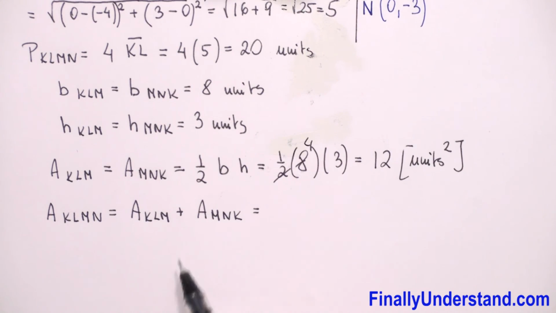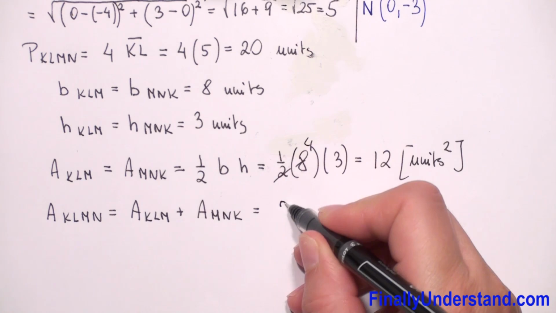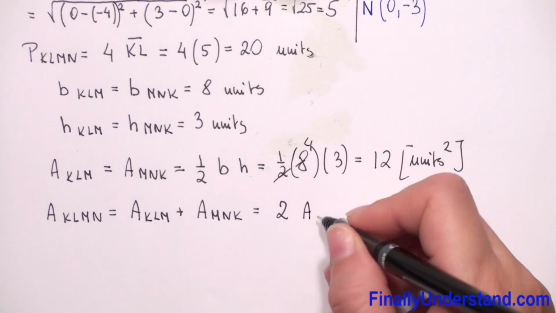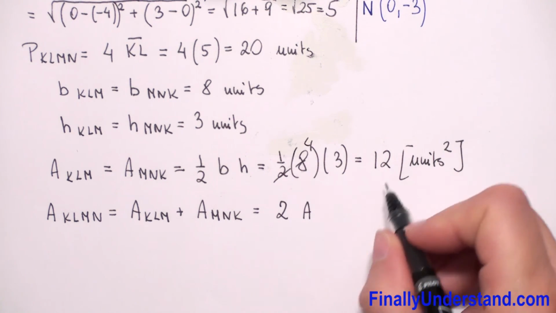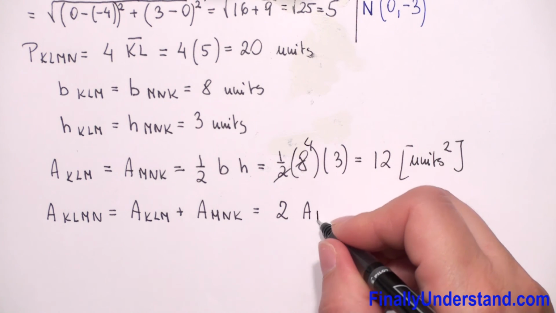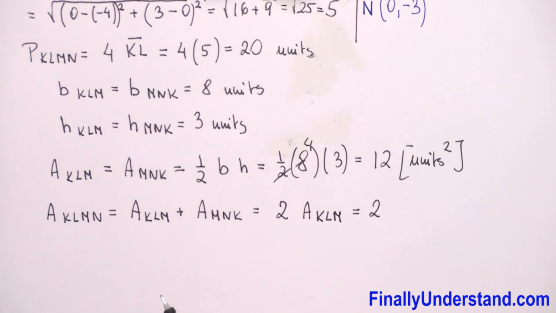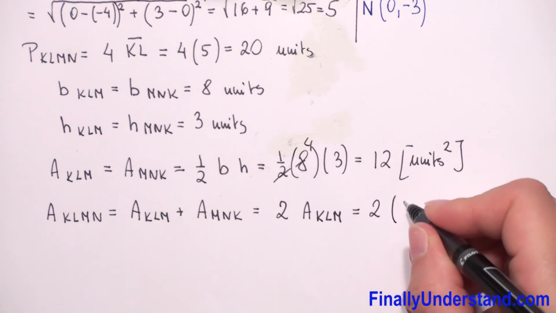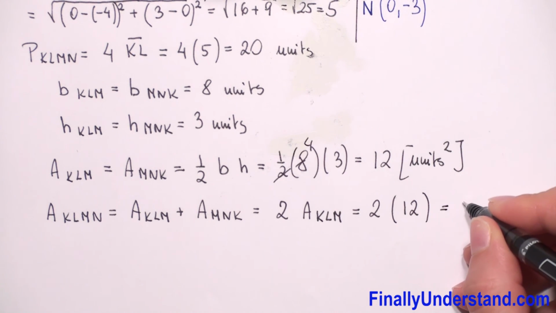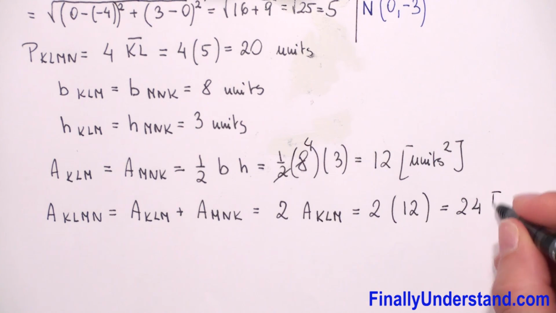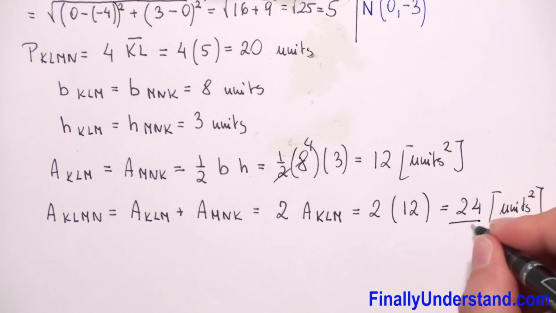These areas are the same, so we put just 2 times the area. You can put triangle KLM or MNK, it doesn't matter because they are the same. So let's put KLM. So we have 2 times the area of KLM, which is 12 square units. So this is equal to 24 square units. This is my solution.